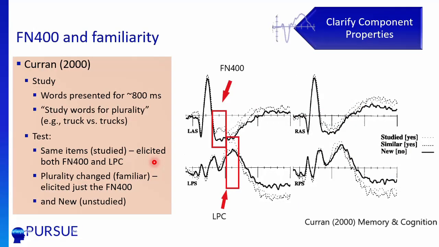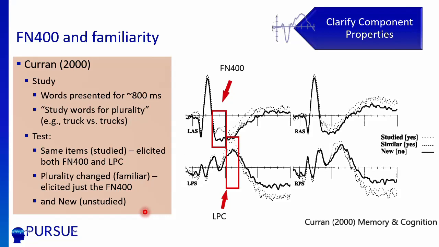So here's an example of just identifying a component. Tim Curran in his 2000 paper presented evidence for the FN400. This is where it came from, this study. People studied words, and at test, he presented some items that were studied, and these studied items elicited both the FN400, which you can see here, and also the LPC, which occurred a little bit later.